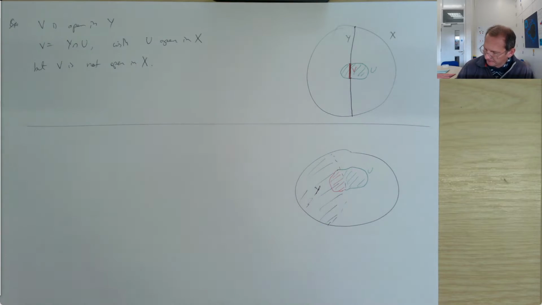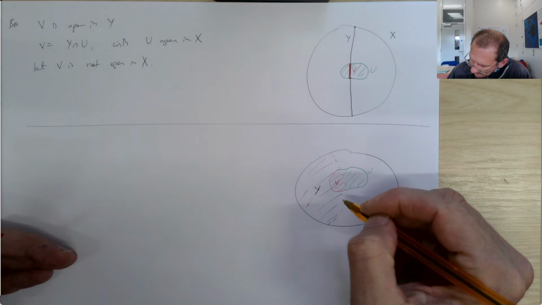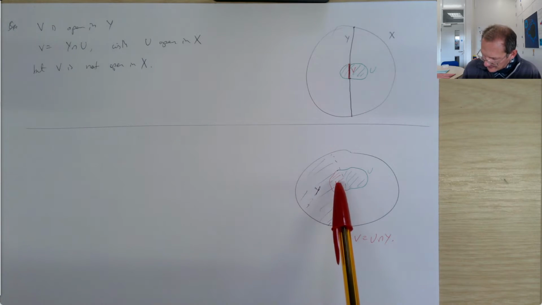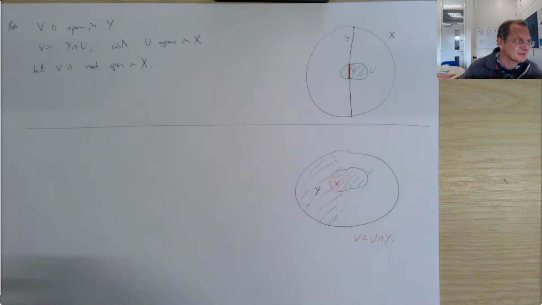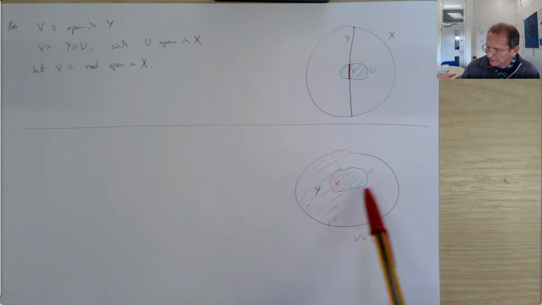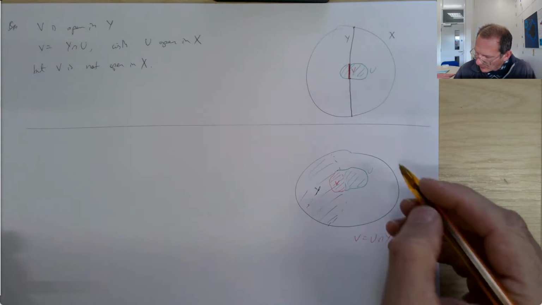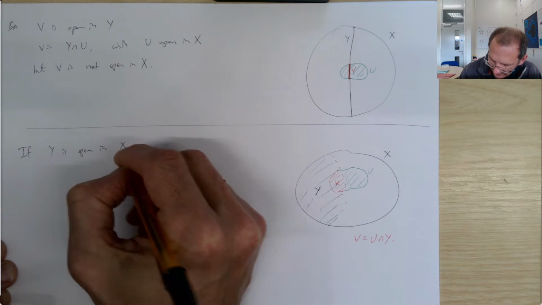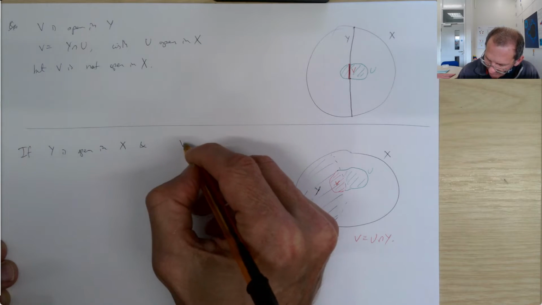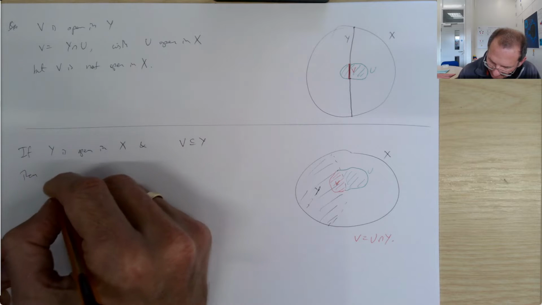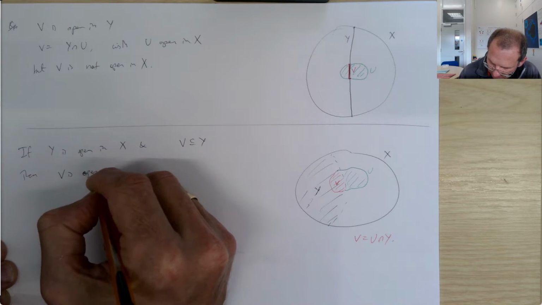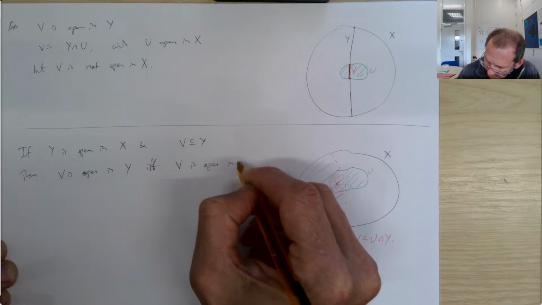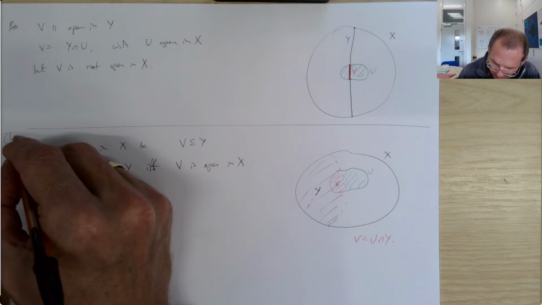So here's our V, and V again is U intersect Y. But in this case, there's not really so much difference between things being open in Y and open in X. In this situation where Y is open in X, let's just write it down, and V is a subset of Y, then here's the claim.